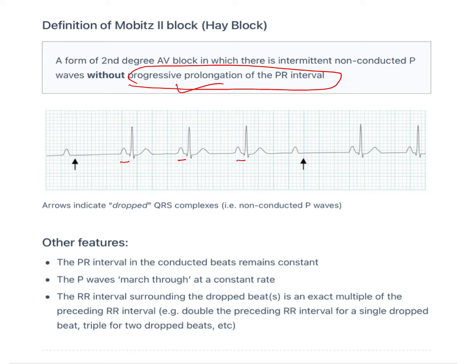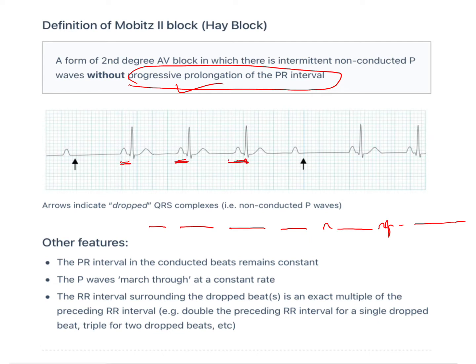As we saw in type 1, there will be progressive prolongation of the PR interval, then we get a P wave and there will be no QRS. Again, we get a P wave, QRS complexes, and progressive prolongation of the PR interval. But here we get a prolonged but constant PR interval.